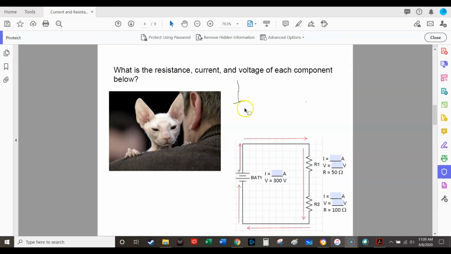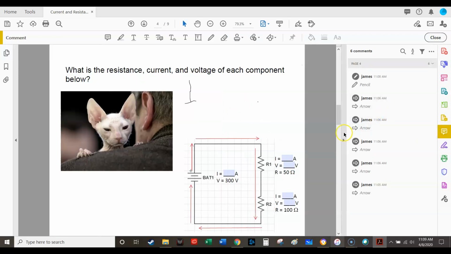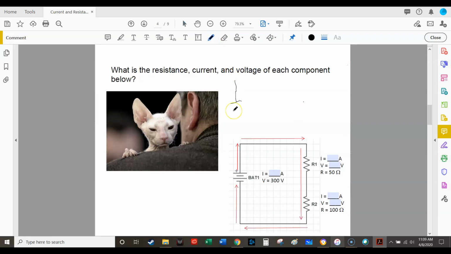So I'm trying to recreate this exact little battery here, and for some reason I popped out of this. Here we go. And I'm just redrawing this battery right here.